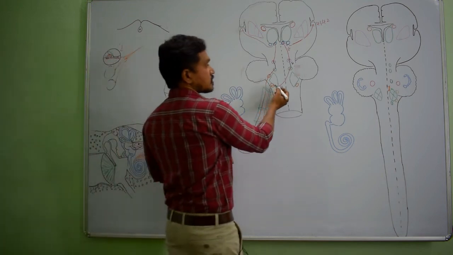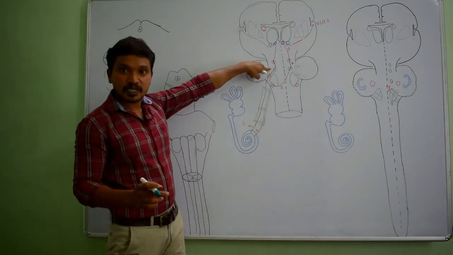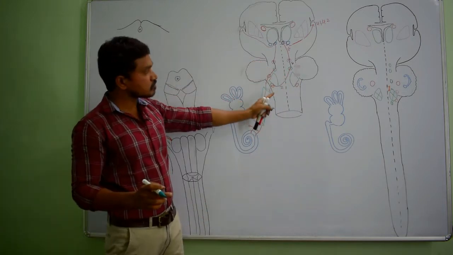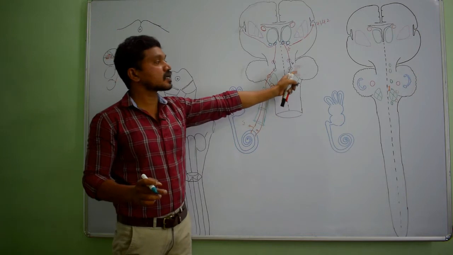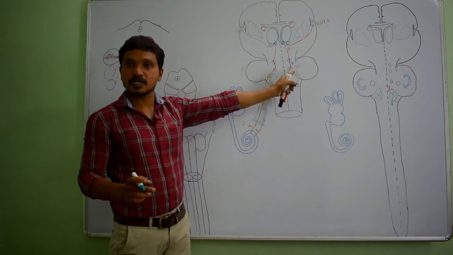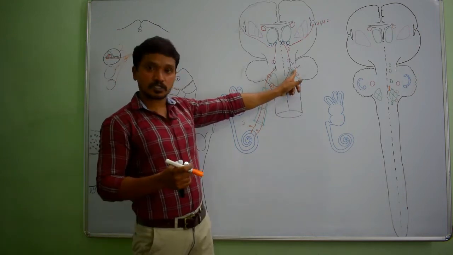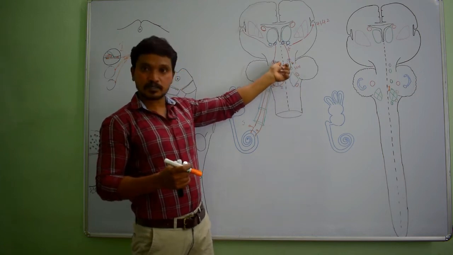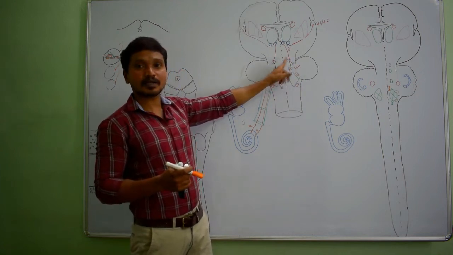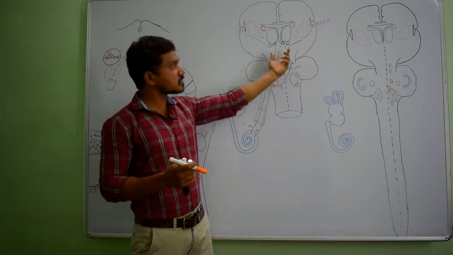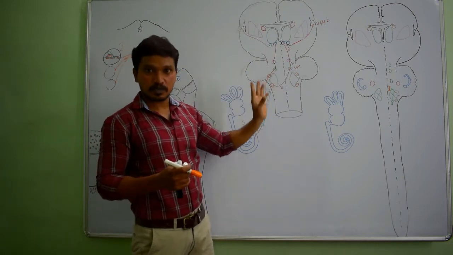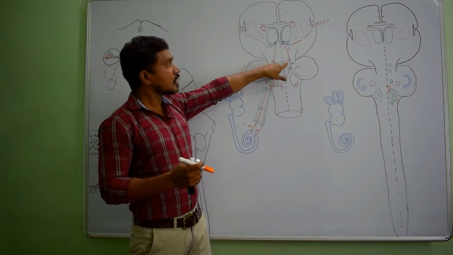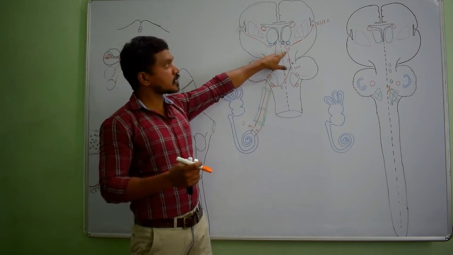Those second order neurons terminate in the superior olivary nucleus. Some fibers run on the same side, some cross to the opposite side and form a trapezoid body. Third order neurons from the superior olivary nucleus reach the inferior colliculus. This tract, or this bundle of fibers, we call lateral lemniscus. Then from the inferior colliculus, fourth order neurons arise.